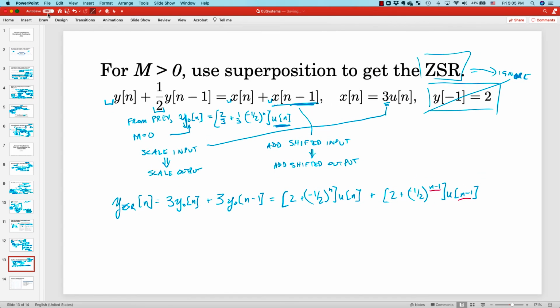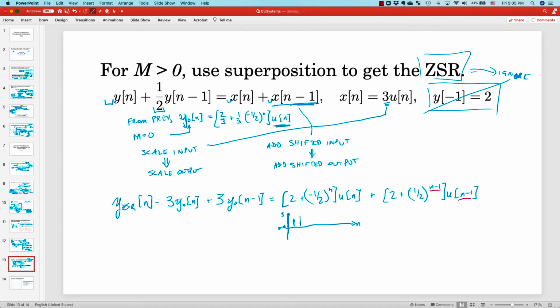So far we haven't really looked at the graphs of many of these things in the time domain. I think it's kind of instructive to work out what this looks like if I plotted it versus n. So I'm just going to look at this function now. It starts at n equals 0, so I have nothing back here. And at n equals 0, I get 2 plus a number to the 0, and that is always 1, so this guy starts up here at 3. And at time equals 1, it becomes 2 minus a half, so then 1.5.